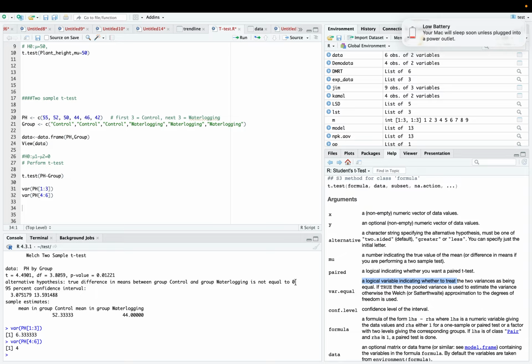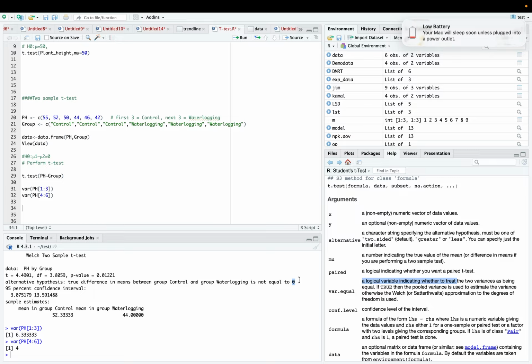And the 95% confidence interval is 3.07 to 13. What does it mean? The difference between the groups is 52 minus 44, almost 8, which you find here, but the difference is not 0.